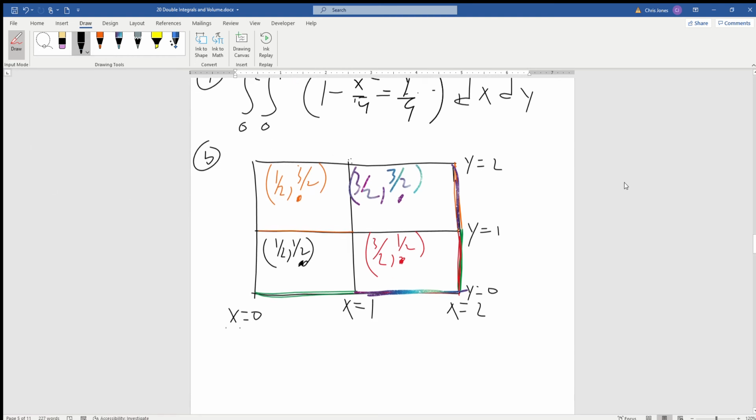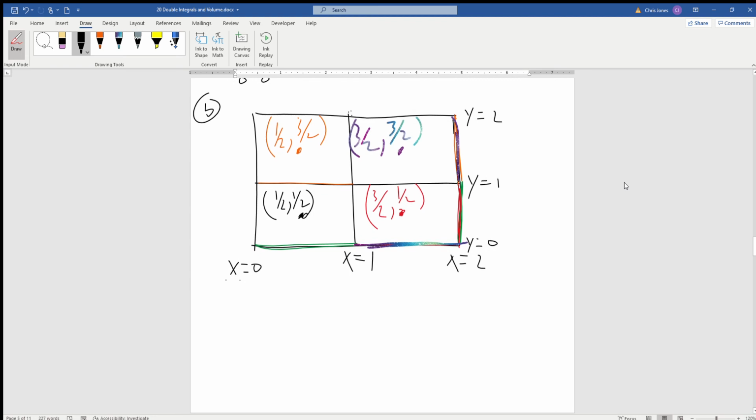The volume of any one of those rectangular solids is going to be delta x times delta y times the height. Delta x is just the change in x, delta y is the change in y, and the height is going to be the function at the point, which I'm going to call x_n, y_n.